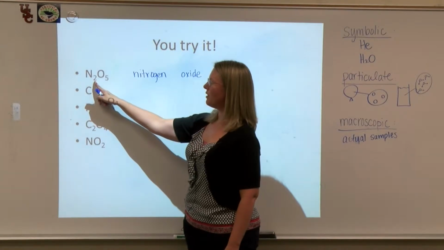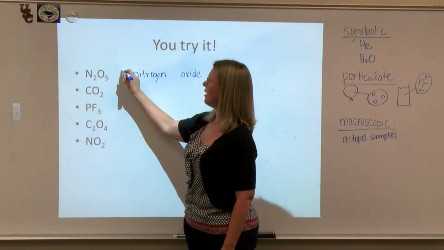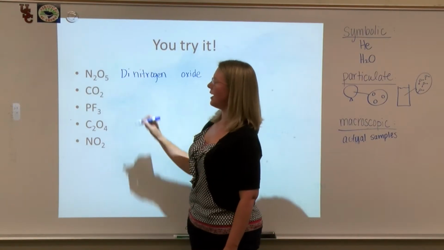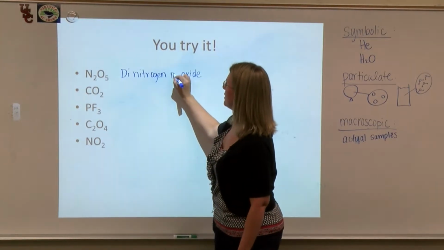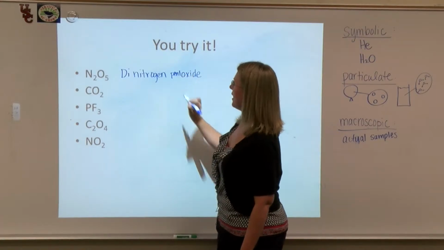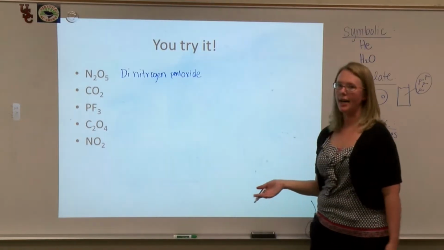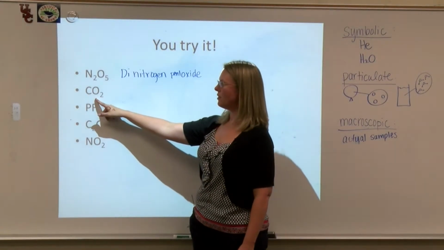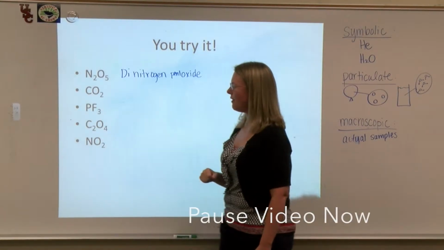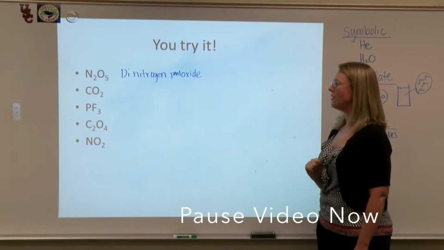If you look at your formula, there are 2 nitrogens, so we would call this dinitrogen. There are 5 oxygens, so we would call this pentoxide. So the name of that would be dinitrogen pentoxide. This is a common substance you should know. So try the rest of them, pause it and come back, see if you can name these.